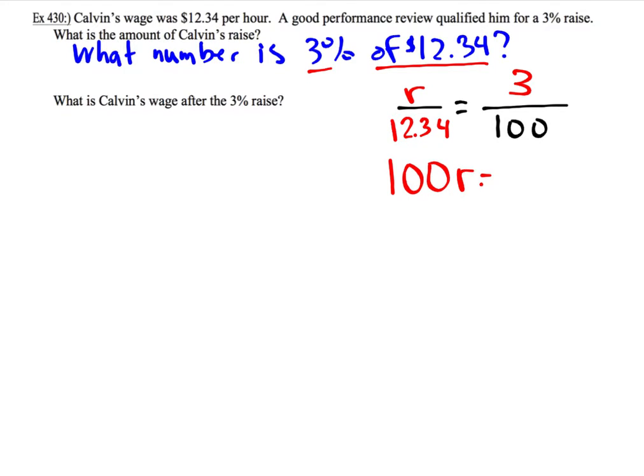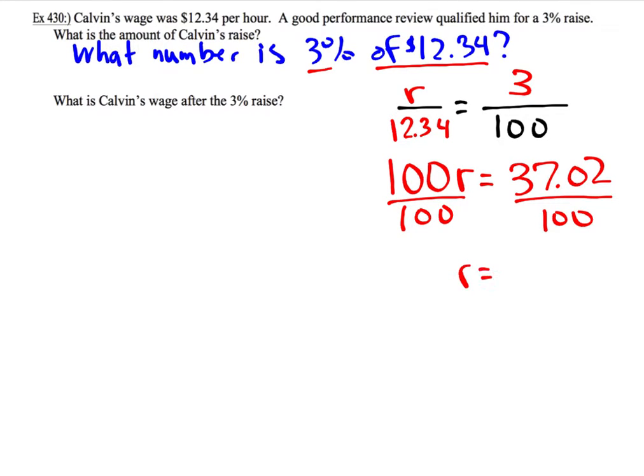We get 100R equals 1234 times 3, 3702. We divide by 100 to get R by itself. The raise is 0.3702. Now, since this is money, we're going to need to round it to the nearest cent. 37 cents is his raise.